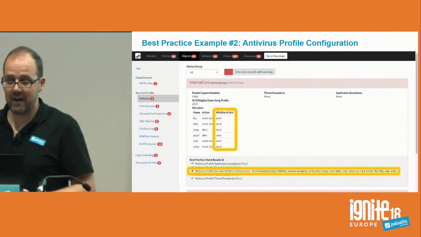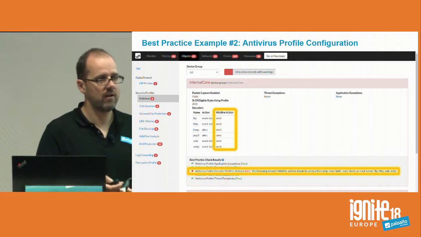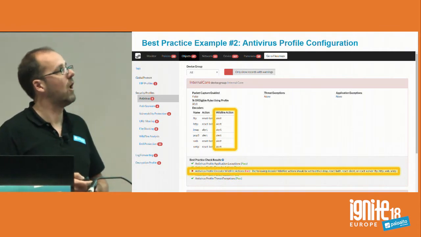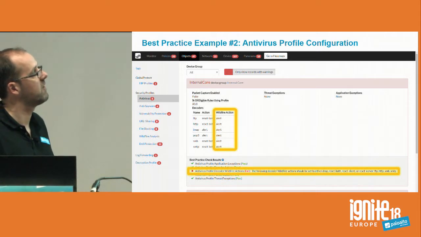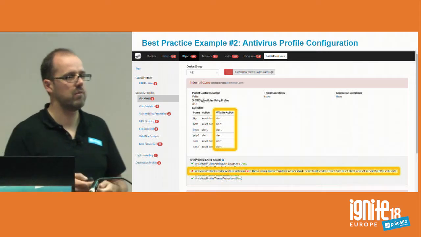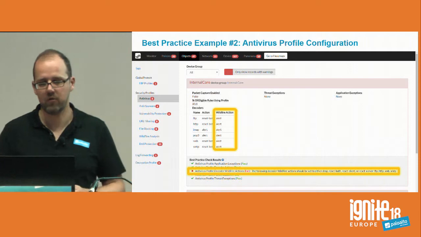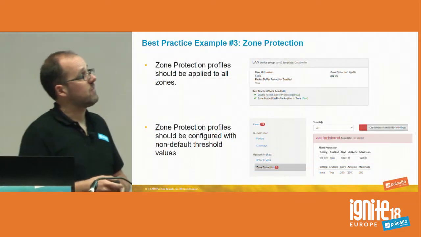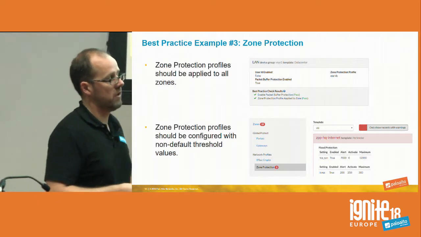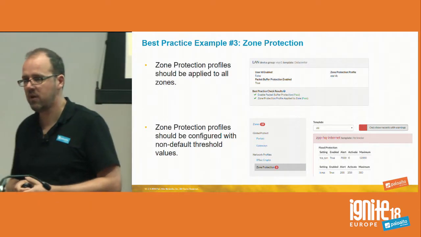Very simple, very easy to fix. It doesn't create a lot of impact because WildFire is typically not prone to a large false positive rate. So very easy to fix, but you need to find it, and that's what the report shows you.